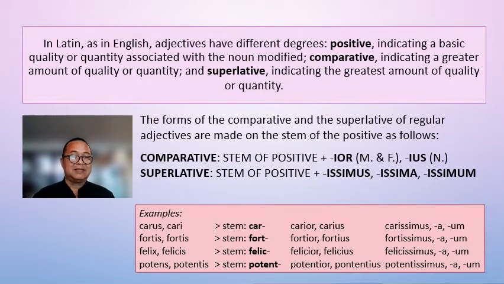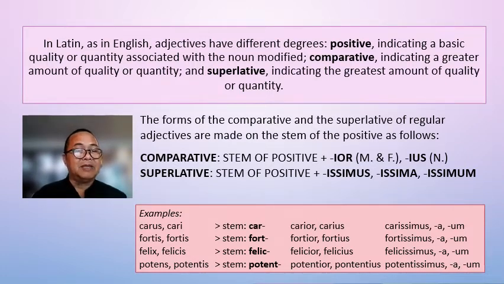So drop the -is, you have fort. You just add -ior, so you have fortior, fortius. Felix, felicis. You will notice that there is a change in the spelling of the genitive singular. So the stem is not felix, but felic. And to that, you will add -ior and -ius: felicior, felicius.